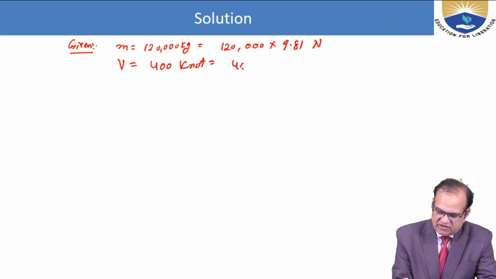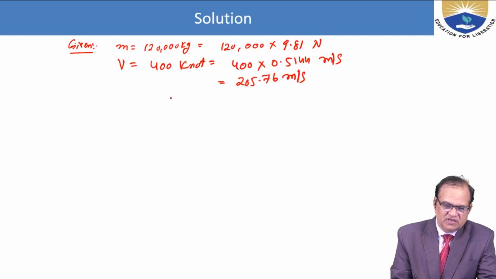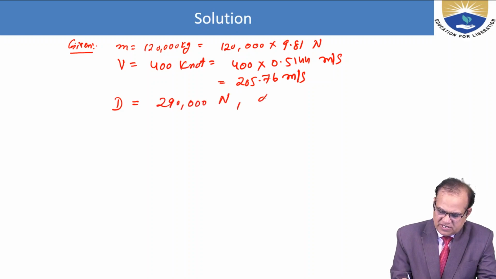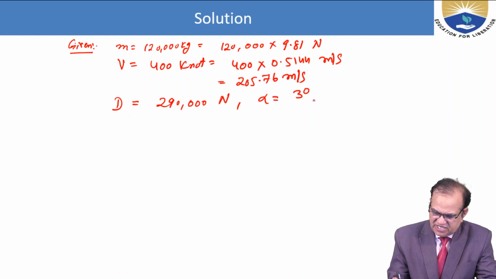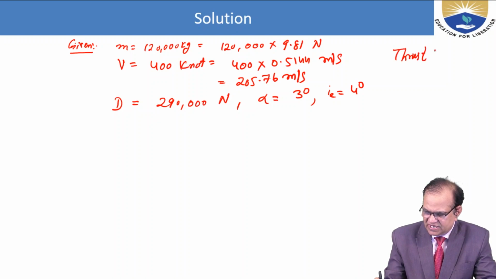This we can convert by multiplying by 0.5144 to meter per second, so this will be 205.76 meter per second. Drag is given as 290,000 Newton. Angle of attack alpha is 3 degrees and engine setting angle iT is given as 4 degrees. We have to find out the thrust required and the lift.